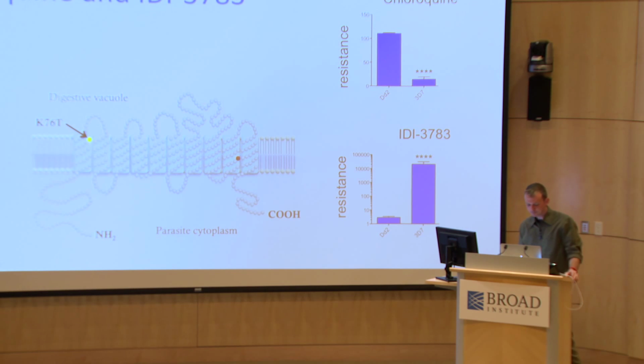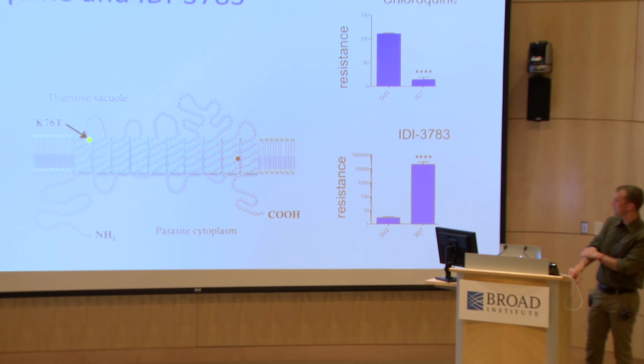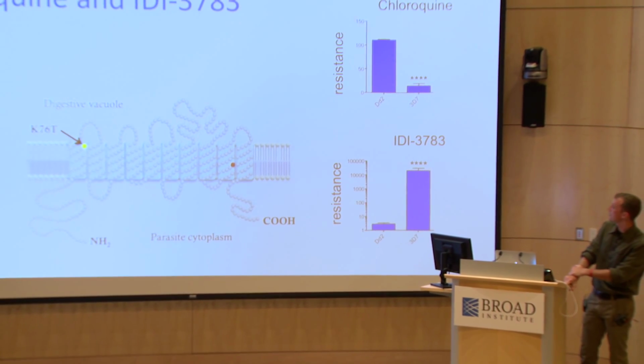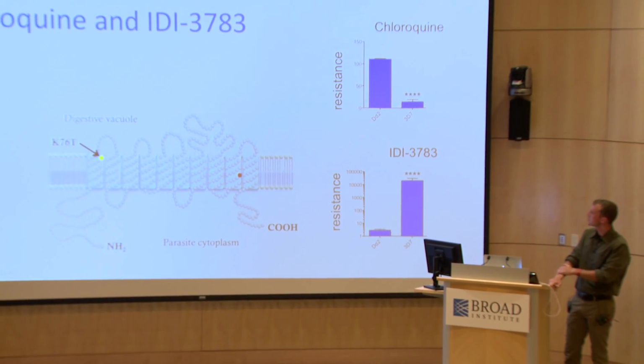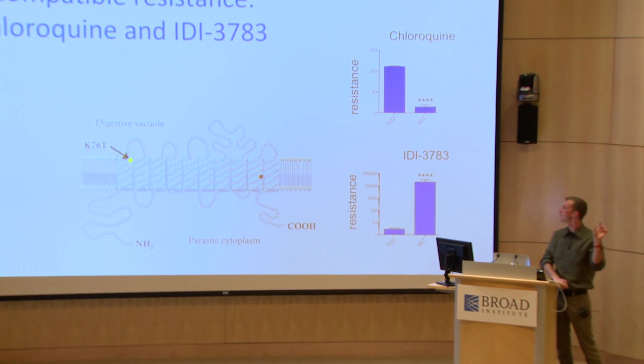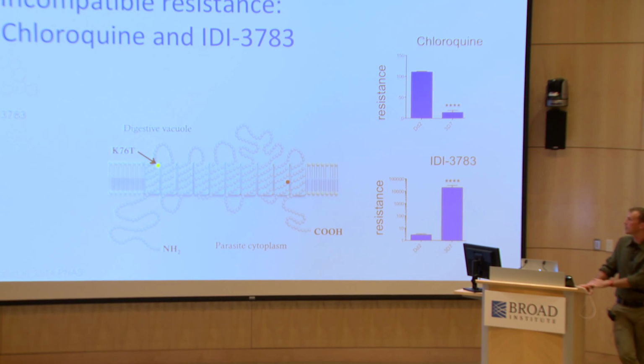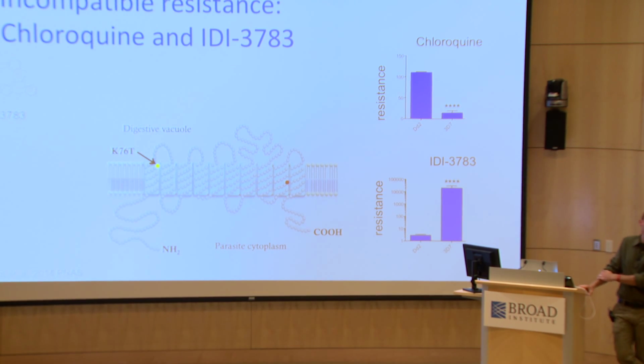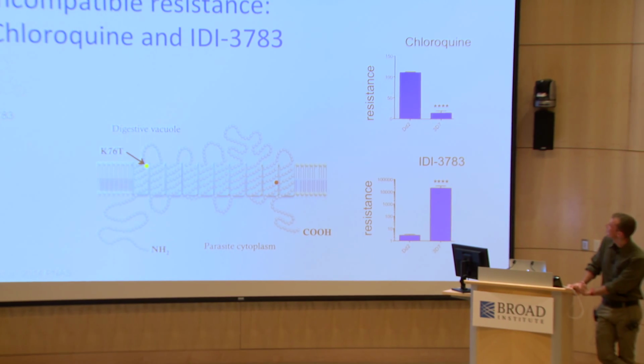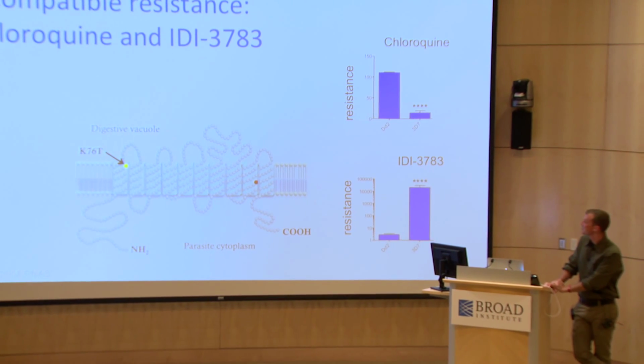So this is an approach that Amanda Lukens and colleagues at Harvard School of Public Health have used, in this case trying to pair the drug chloroquine that I earlier mentioned with a new compound, a drug candidate called IDI-3783. That's a catchy name. But it's one of these early stage chemical compounds.